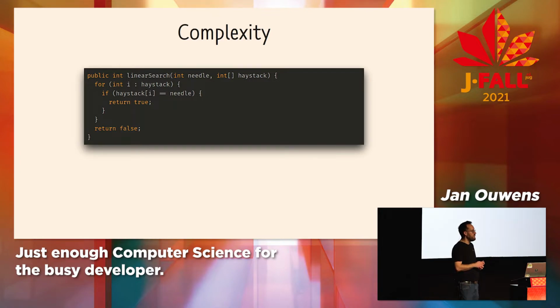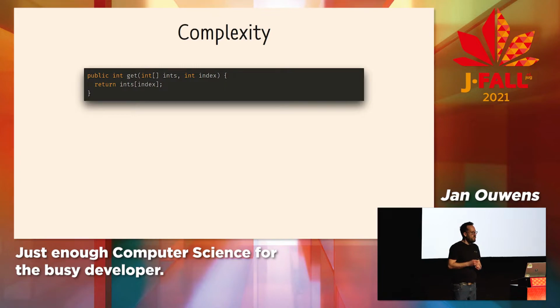You just go through a list until you find the thing that you were looking for, and the complexity of that is n steps, so the input size. So if your array contains 10 elements, then we would often do around 10 steps to find the element in the array. But if you know the index, then you only need to do one step, so the complexity is one step.